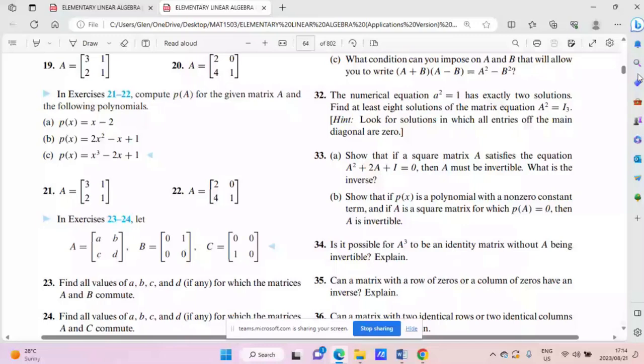I don't see number 22A. Do you see my screen? Yeah, I see your screen, but there is 22 then, and the matrix A. Okay, hang on. Do you see what I've highlighted?